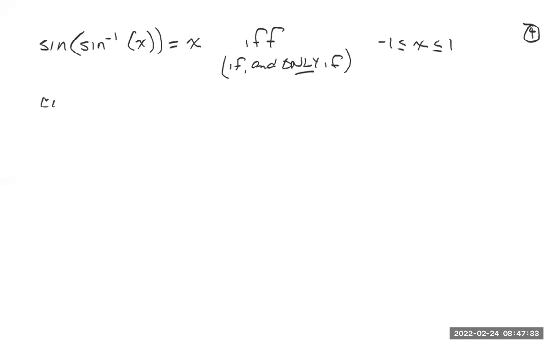We can say that the cosine of the arccosine of a value x equals precisely x if and only if, well, we have that same domain on cosine, don't we? -1 to 1 inclusive.